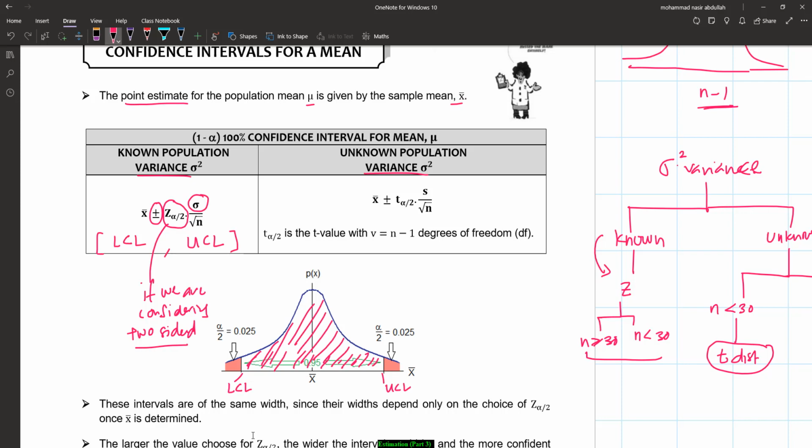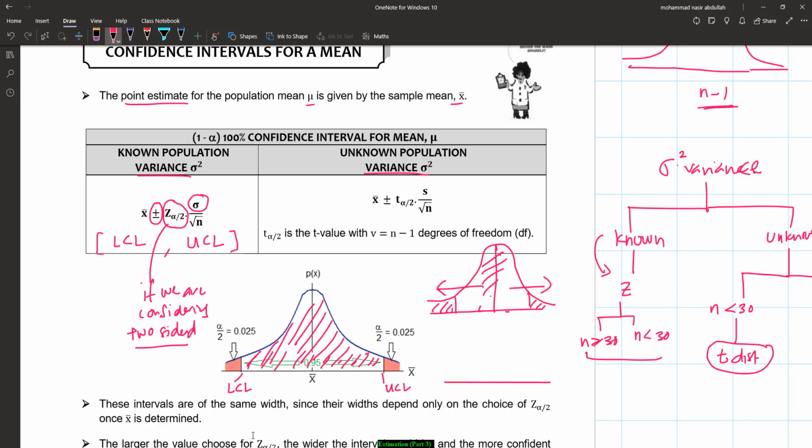Remember, on a normal distribution we have two sides, either the positive side or the negative side, right? So this is the negative side, this is the positive side, and we don't care about these values. We want to know the estimate in the middle. So this is what we call two-sided.